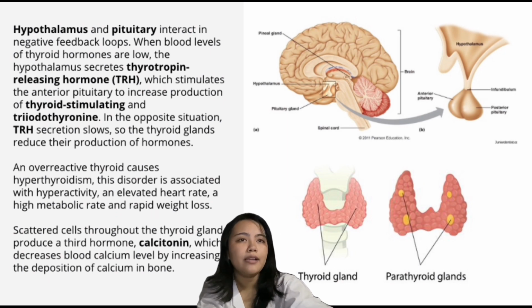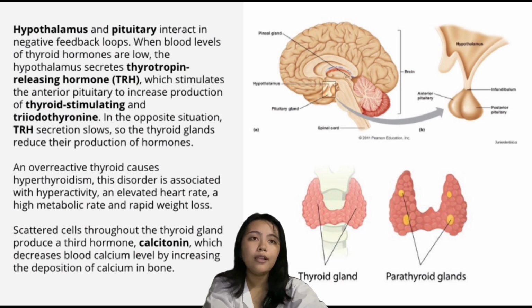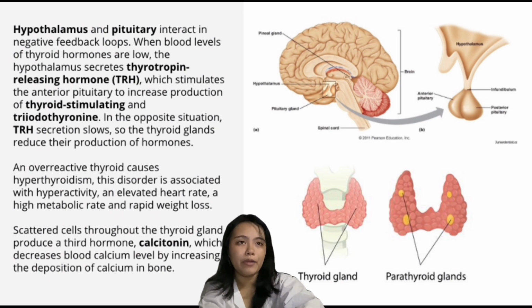Overall, the hypothalamus and pituitary gland form a critical axis in the endocrine system, coordinating the release of hormones to maintain physiological balance and respond to internal and external stimuli.